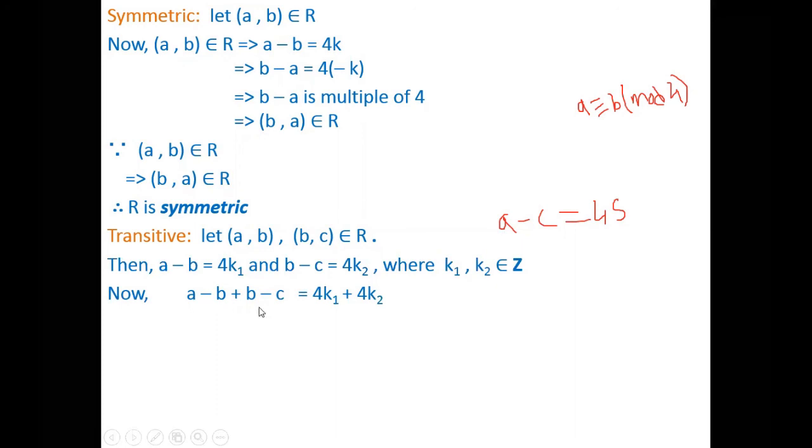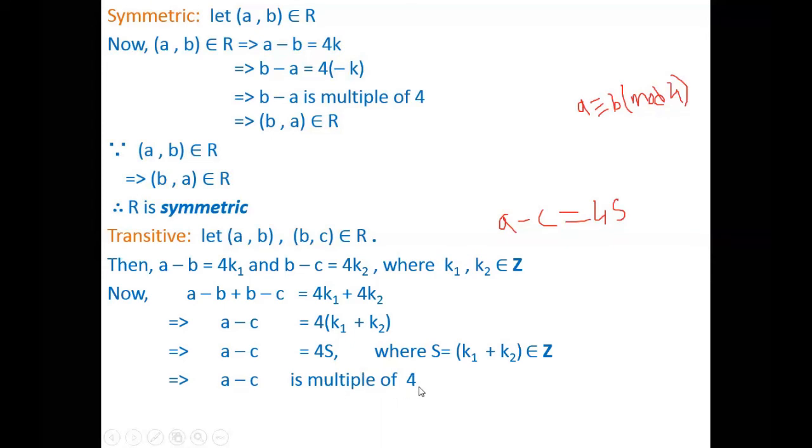That's why we are adding these two, and here we have 4k1 plus 4k2. If we take 4 common, we have k1 plus k2, which is also an integer, say s. So from here we can say that A minus C is a multiple of 4.